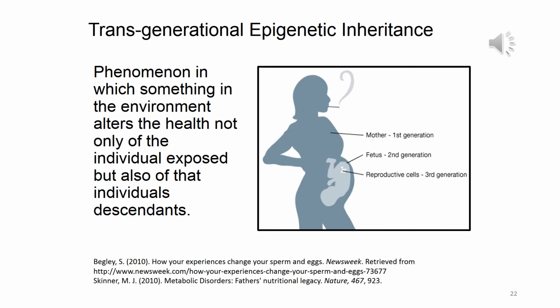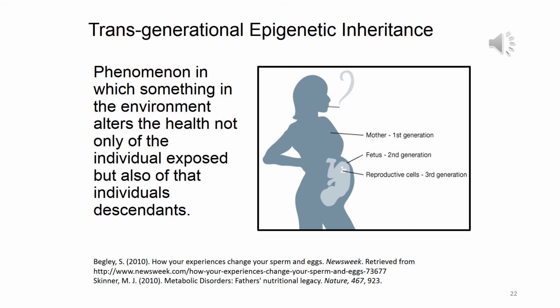So here's another example of complexity science where some phenomenon happens and it actually affects things in ways that you can't always predict, and it helps guide research in this area. So transgenerational epigenetic inheritance is a phenomenon where something in the environment alters the health, and in that process it actually alters the genetic material, and not only of the individual exposed but also of that individual's descendants.